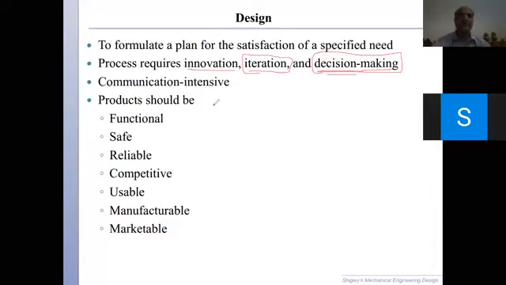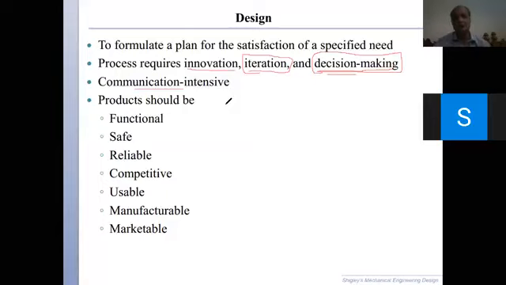ठीक है? So again, when you are designing, yes, this is a communication intensive process, and you have to deal with many people probably. Well, you can design by your own, but generally the problem or the need would come from someone else.